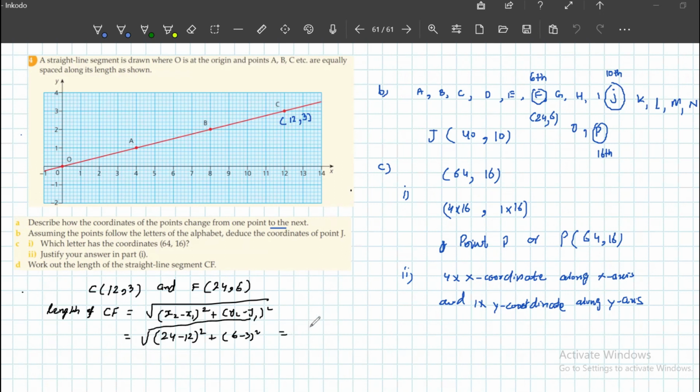In the next step, 12 squared plus 3 squared, which is 144 plus 9, so the square root of 153, which is equal to 12.4 units. So this is the length between the 2 points, C and F. I hope you understand.